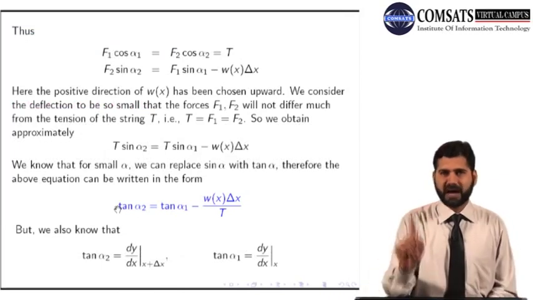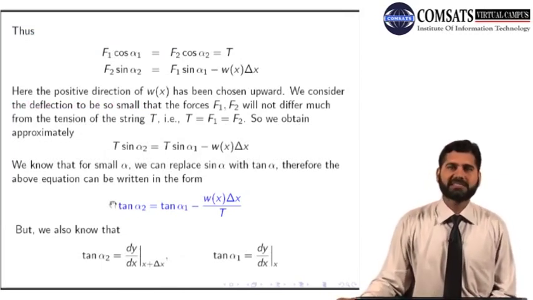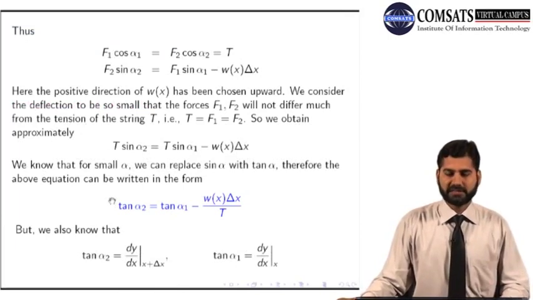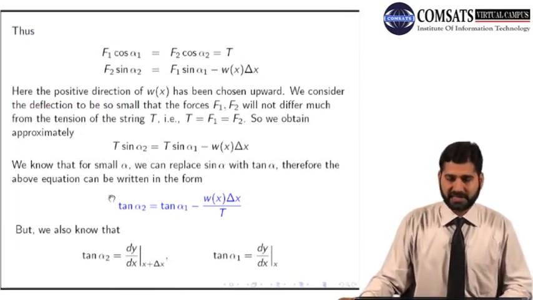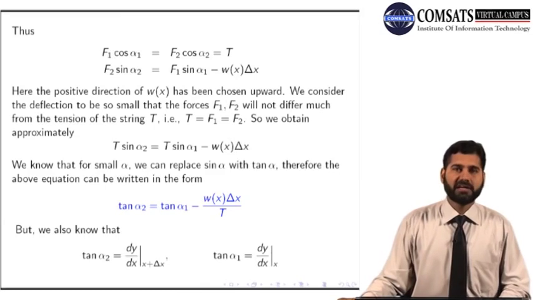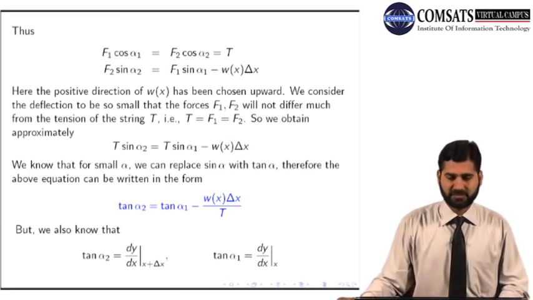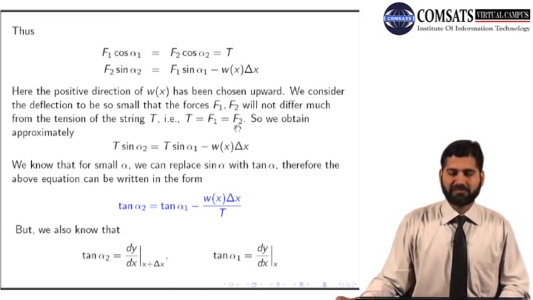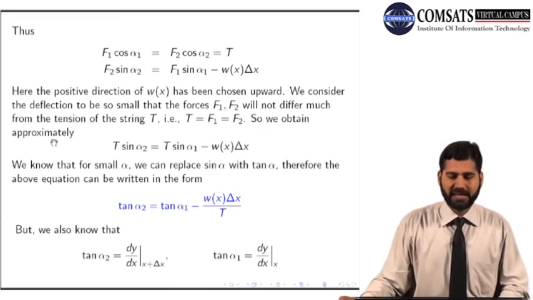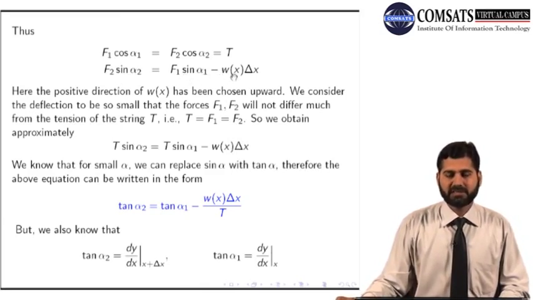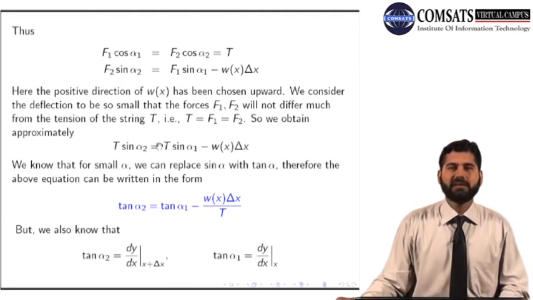If your deflection is not small, you cannot say that your forces will be the same as the string tension T. If the deflection is very, very small, then you can approximate these forces by the tension force. So tension T is equal to F1 is equal to F2, and we obtain approximately T sine alpha 2 is equal to T sine alpha 1 minus Wx delta x. I replaced F1 and F2 by T.